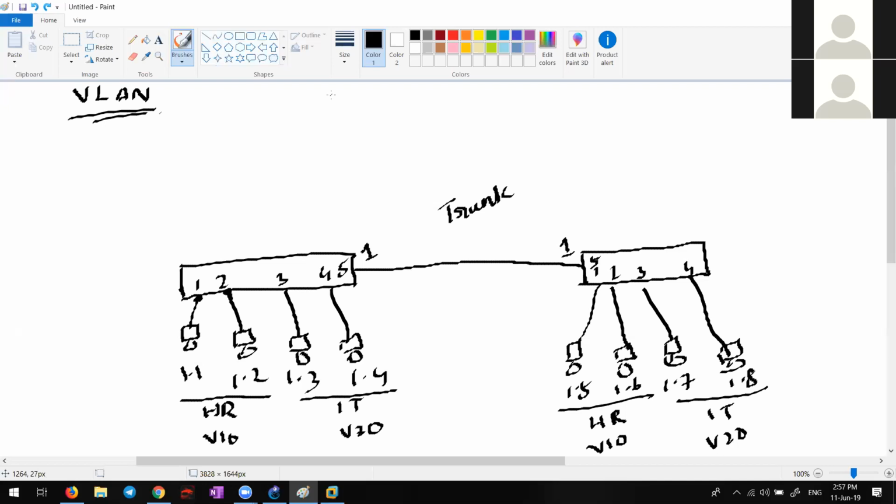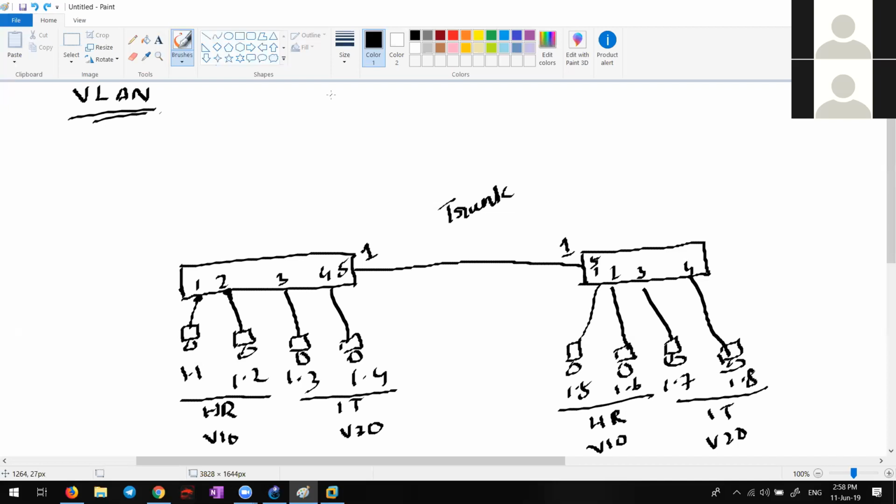Or in other words, trunk port carries all the VLAN information across the devices. Or in other words, trunk port carries information about all the VLANs across the devices.